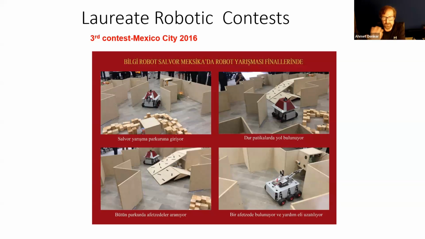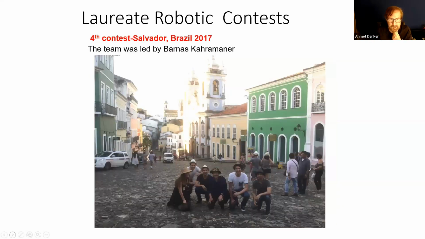So 3 different ways: by hearing them, by sensing their temperature, or by seeing them. The robots were supposed to find the dolls and rescue them. And how many dolls you could find was the criterion for winning the competition.